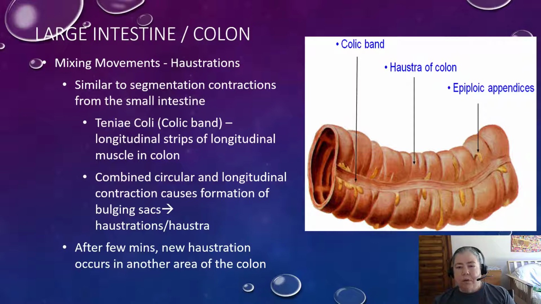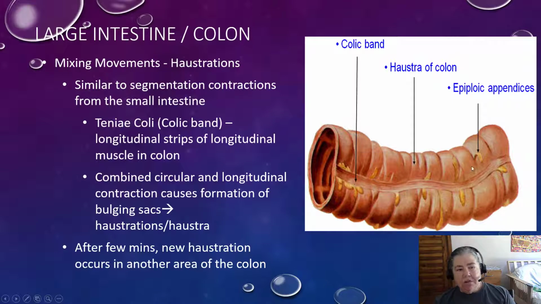This requires mixing, as it does do the functions of the small intestine, which you remember the main function of the small intestine is digestion and absorption of nutrients. So in the large intestine, there are structures that are called haustra that are similar to the segmentation contractions in the small intestine.